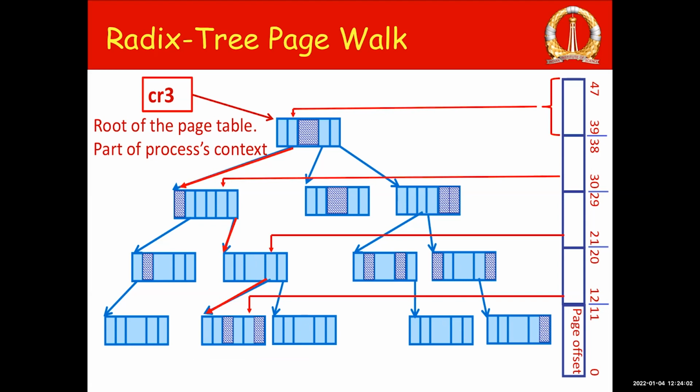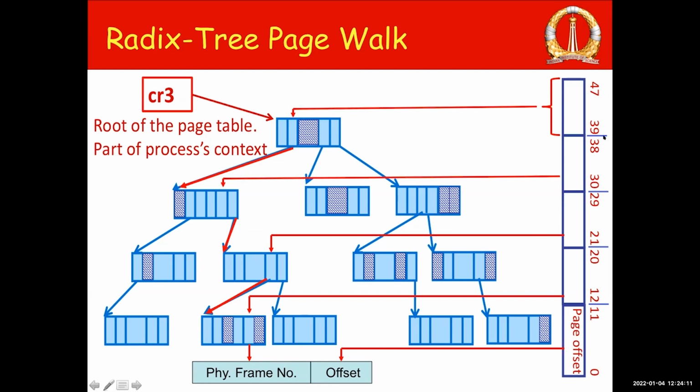You have to walk through these 4 levels to find out the physical frame number of the address you are looking for. This is the 48-bit virtual address. You took the corresponding bits, walked through this tree, and finally got the physical frame number.